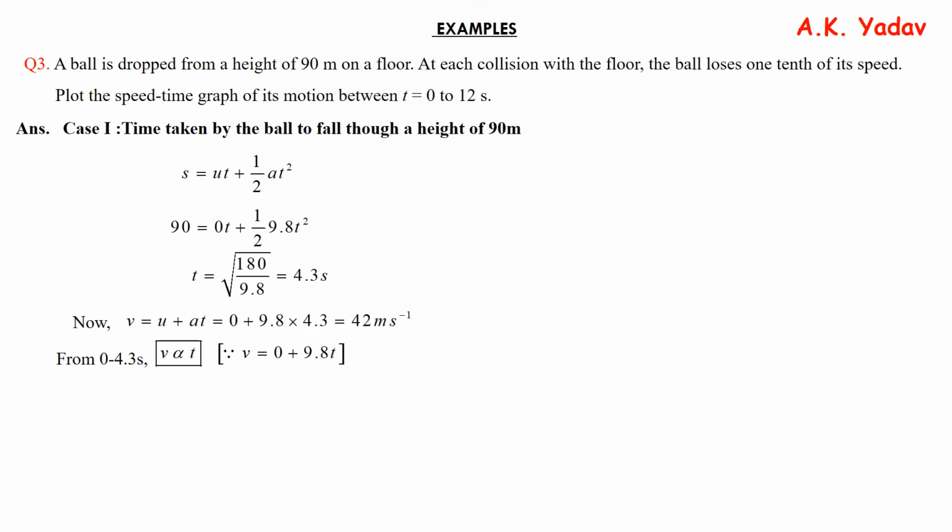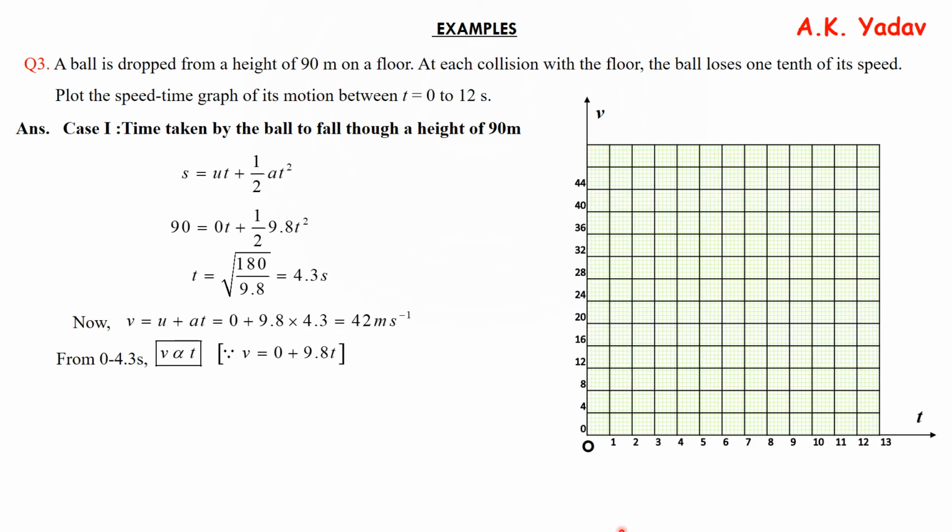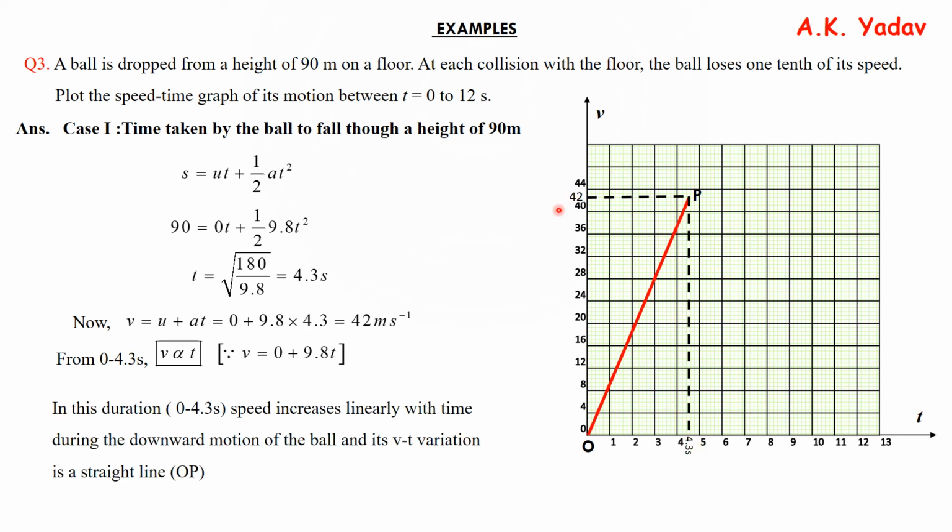So that means V is directly proportional to t, so that means it's a straight line. So at 4.3 seconds, the velocity is 42. So in this duration 0 to 4.3 seconds, the speed increases linearly with time during the downward motion of the ball, and its V-t variation is a straight line OP.